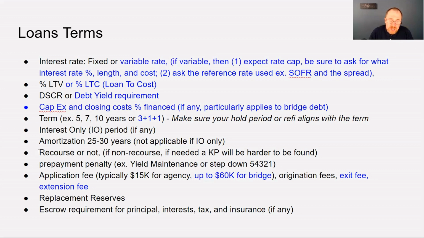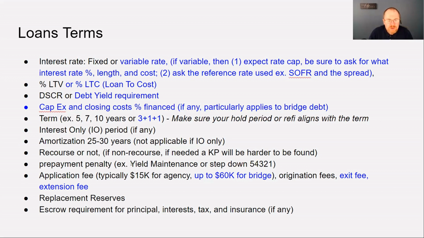The next question that is very important to understand is whether it is recourse debt or not. I touched on that earlier. Recourse means the people signing the loan are on the hook to repay it. Non-recourse, it's only backed by the asset itself.